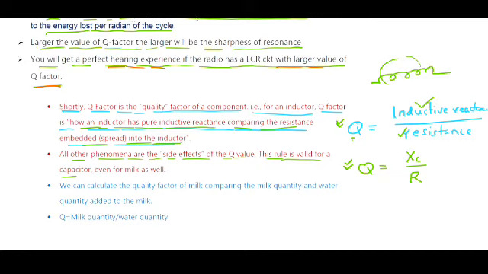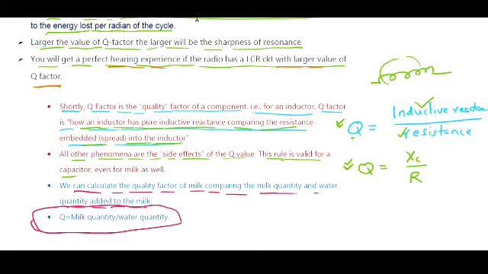Another simple example: I can calculate the quality factor for milk, comparing the milk quantity and the water quantity added to the milk. If I have milk in a glass, then I can calculate the quality of the milk by using this expression: the milk quantity divided by water quantity.